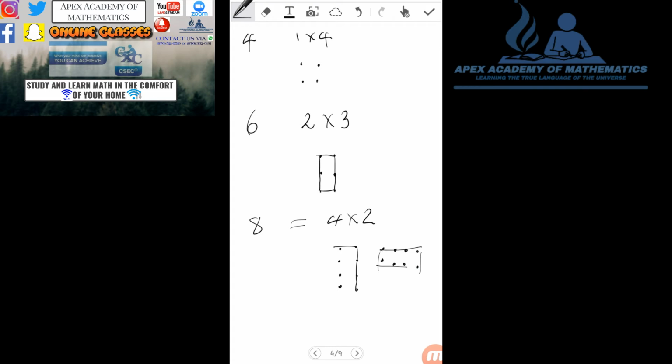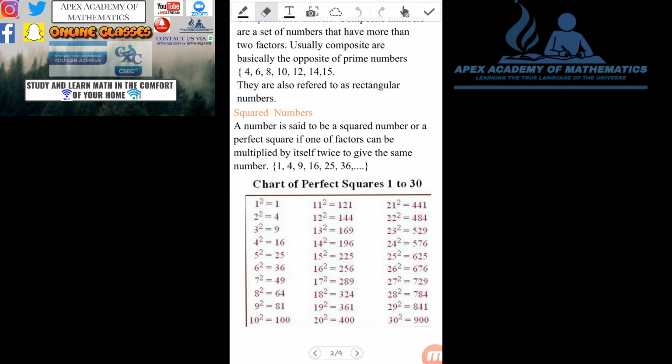All right, so clearly you can see here that this number is called a rectangular number. So do check it out. You can go on the internet and check out what we refer to as being rectangular numbers. All right, fantastic. So I'm happy that you got that, guys.